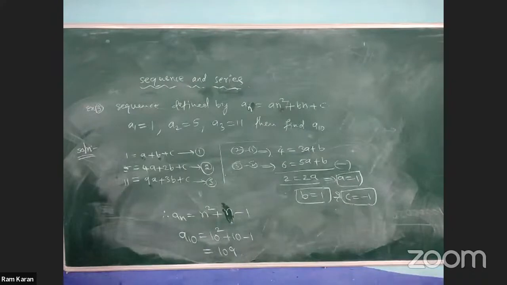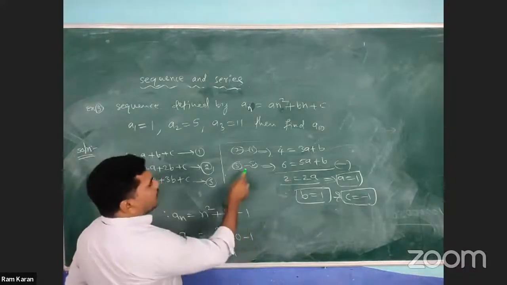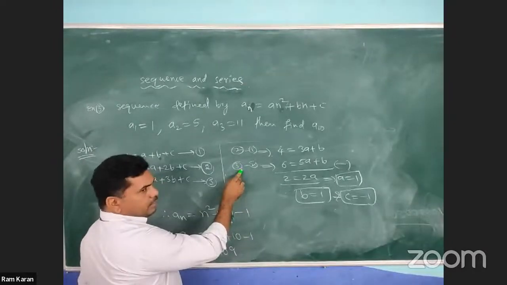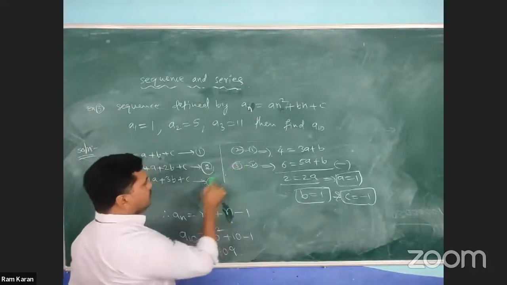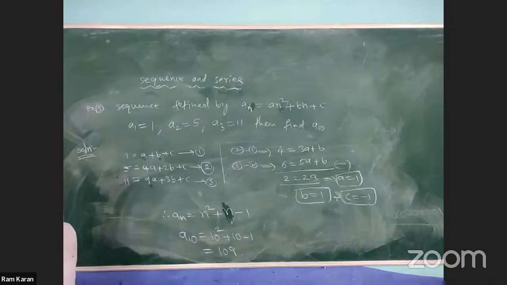How do we write 5 equals to 4a plus 2b plus c, sir? Here a2 is written now. Is the board clearly visible? Subtract equation 3 minus 2.